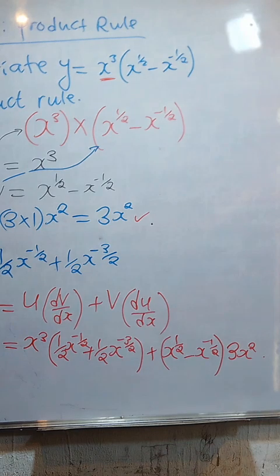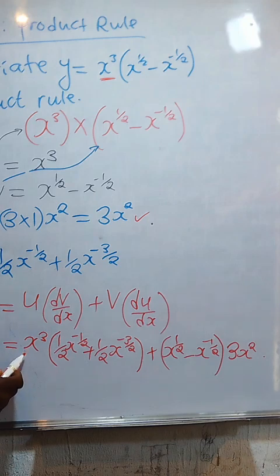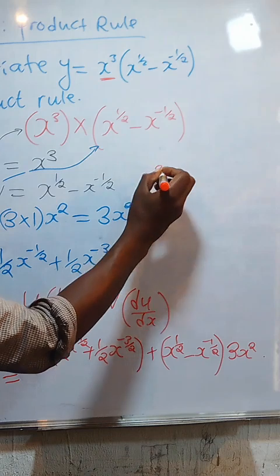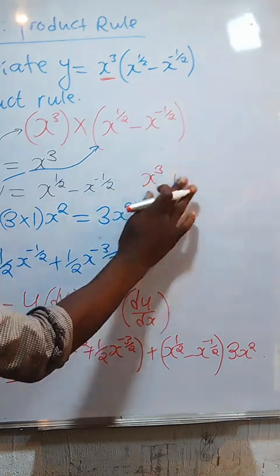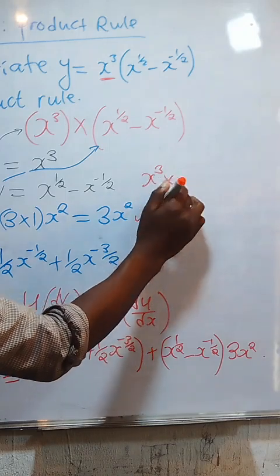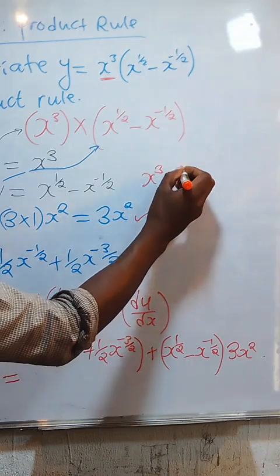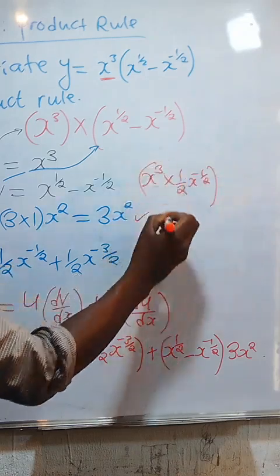So now at this stage, what is going to happen is simplification, okay? So we're going to have this, okay, times that. Now when you look at this one, we have x to the power 3 in the bracket, and then half, times x to the power half, x to the power negative this.